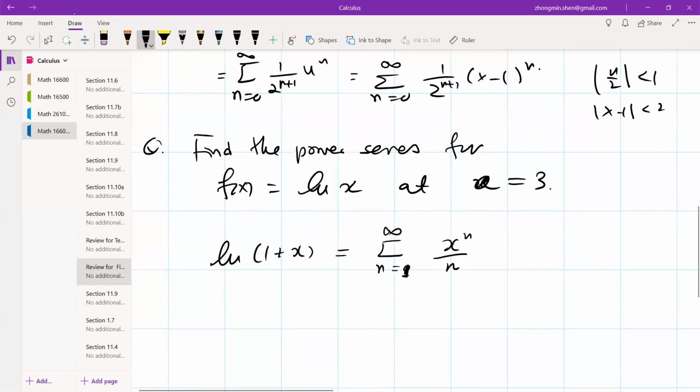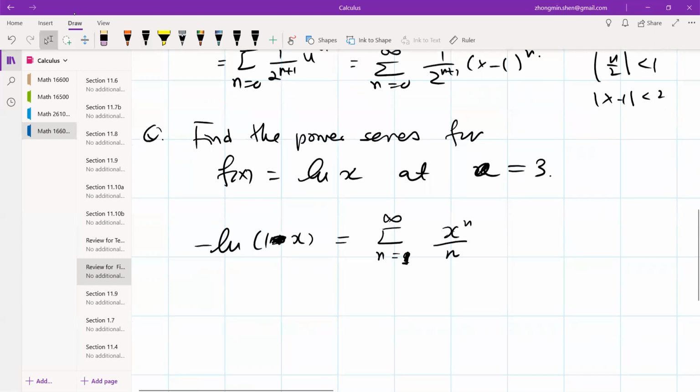It's minus, I have to check that. So that's the formula. Natural log of 1 minus x, because when I differentiate, I get 1 over 1 minus x, and using the above formula, that's what we got.